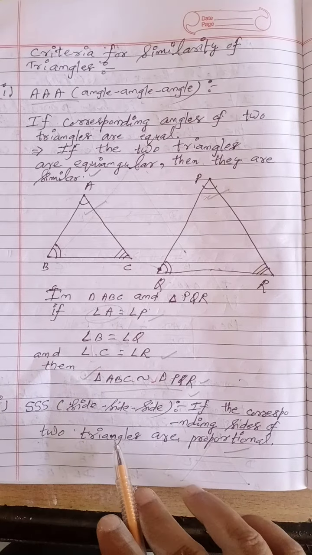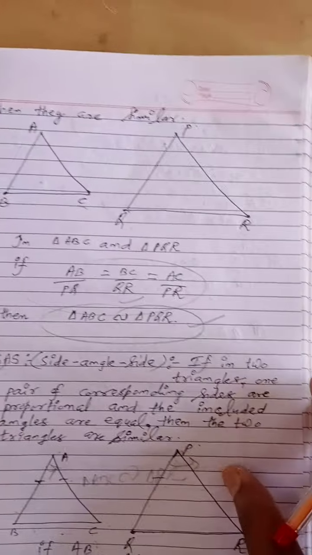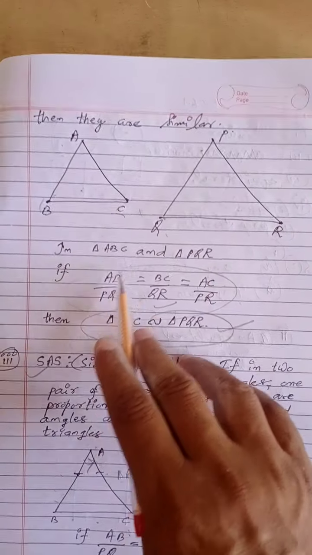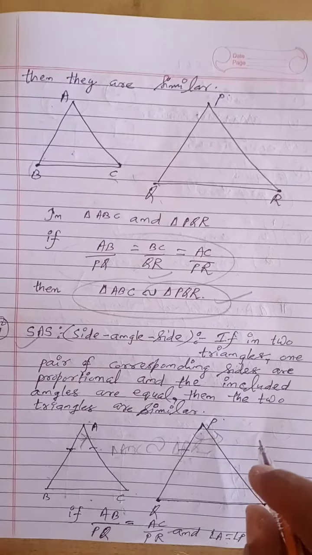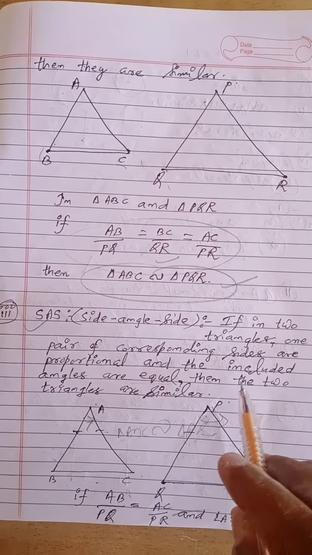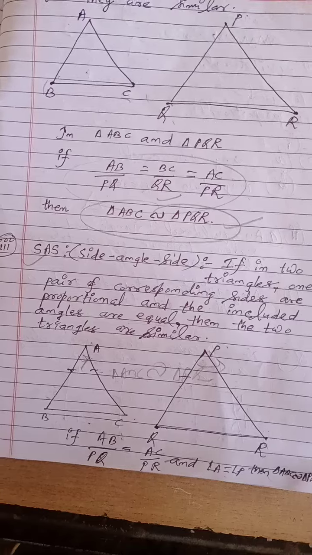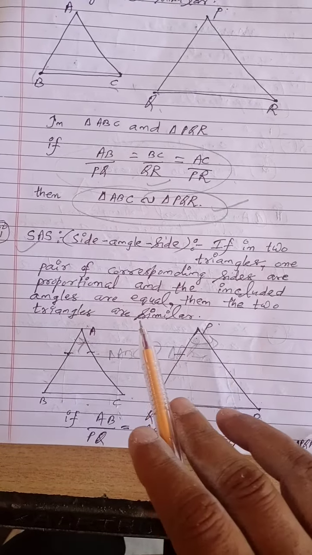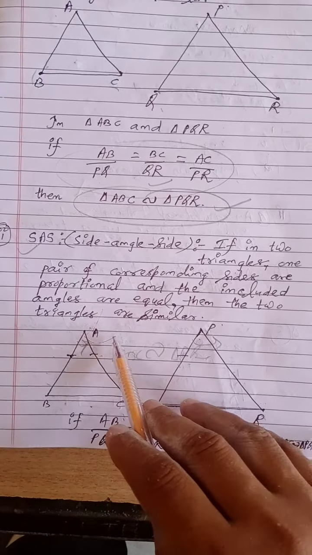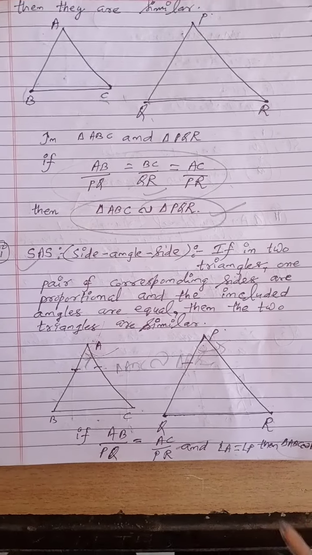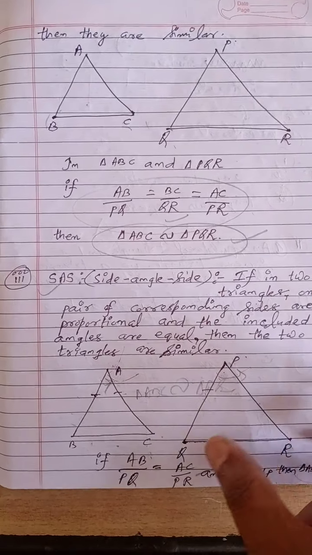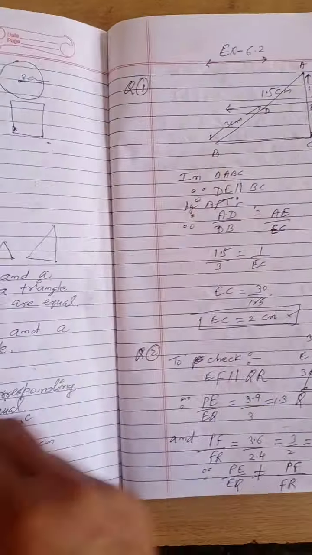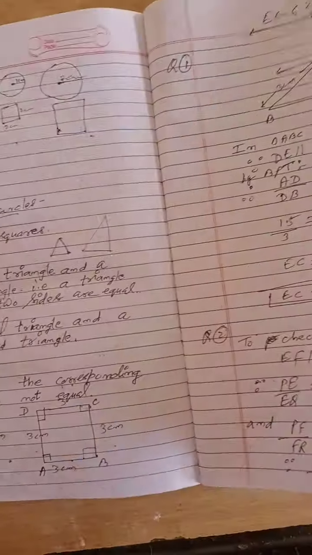If two triangles have all sides proportional like this, then they are similar. And SAS, if we have a pair of corresponding sides of the triangles and the angle between them equal, then the triangles will be similar by SAS criteria.